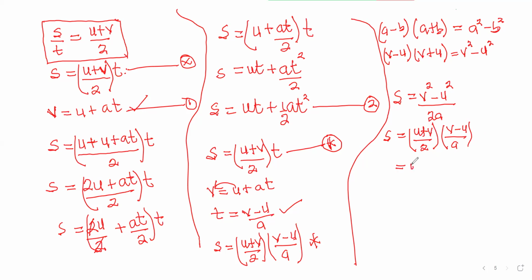So we have V plus U times V minus U divided by 2 times A. The numerator gives V squared minus U squared, divided by the denominator 2A. And that's what I've done here.